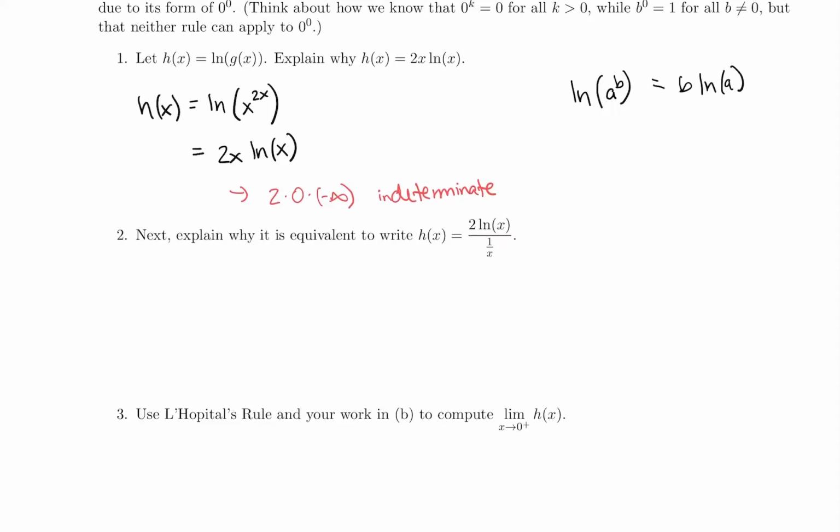The reason that this is equivalent is because we said h of x is 2x log x. And now we can think of that x as being 1 over x. So that becomes 2 times 1 over x times log x. And if we put the 2 and the log x in the numerator, we get 2 log x over 1 over x.